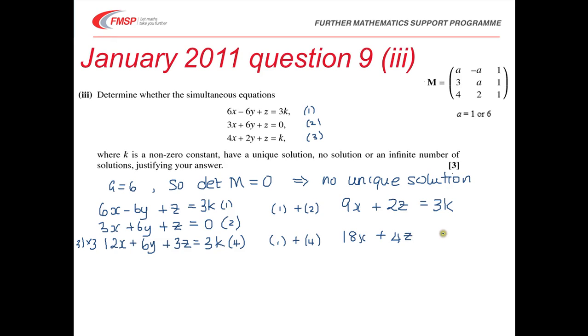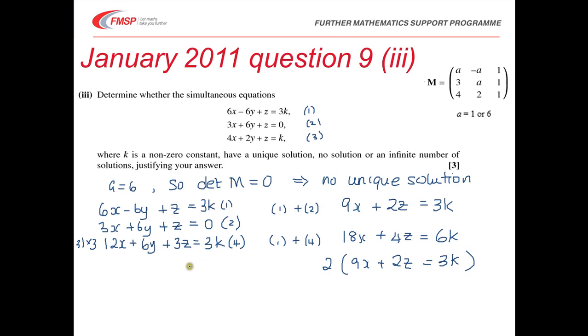And that will be equal to 3k plus 3k, which is equal to 6k. Now hopefully you can see that that equation, 18x plus 4z equals 6k, is exactly twice this equation, so it's twice the equation 9x plus 2z equals 3k.